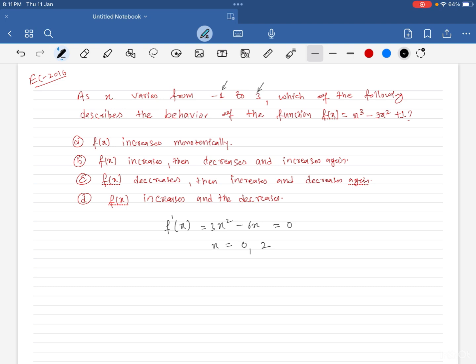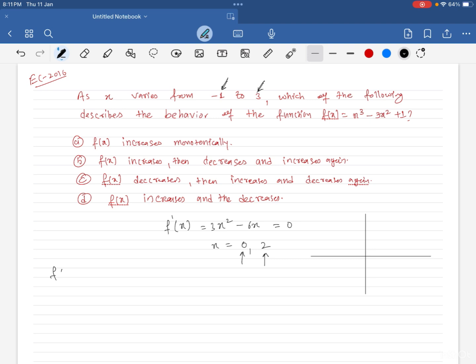Also what you can do, you find the value of the function at all of these points. So let me do that.